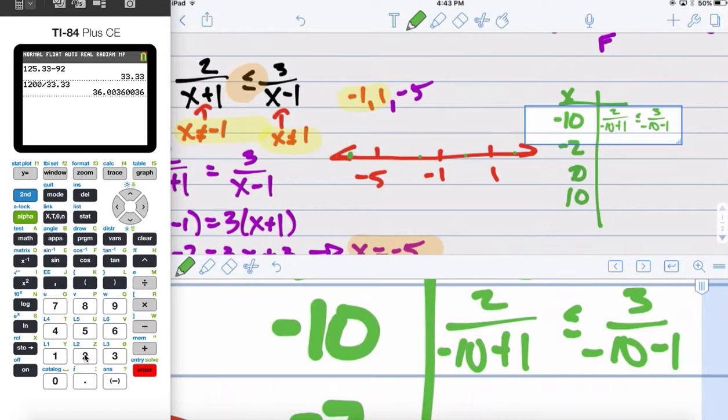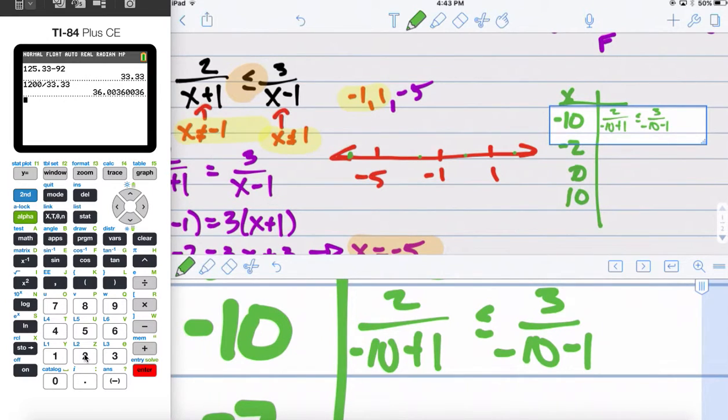That is 2 divided by negative 9, and I've got 3 divided by negative 11.